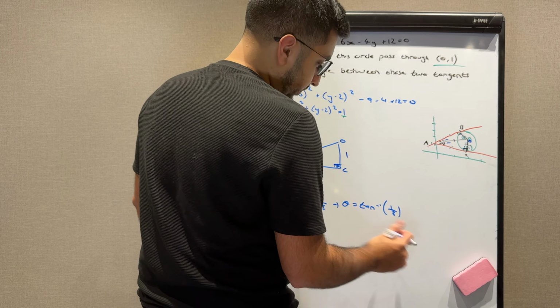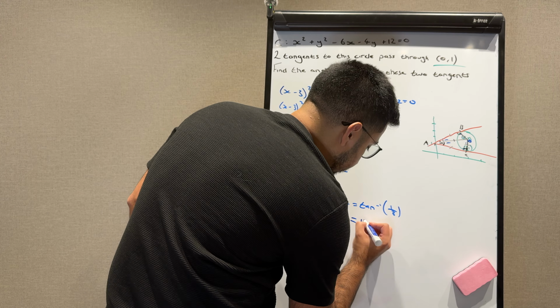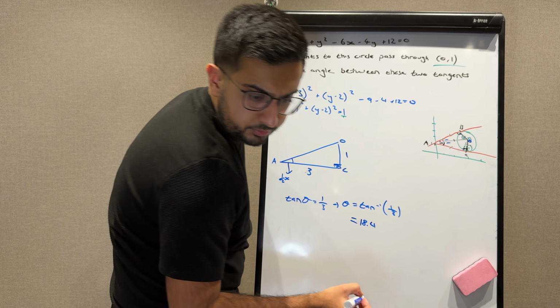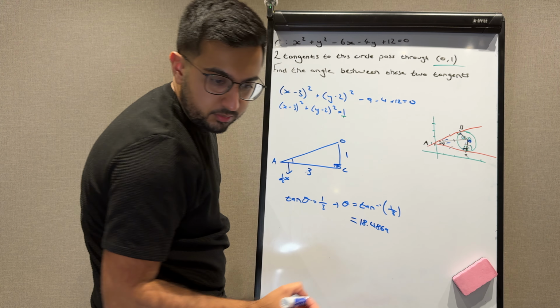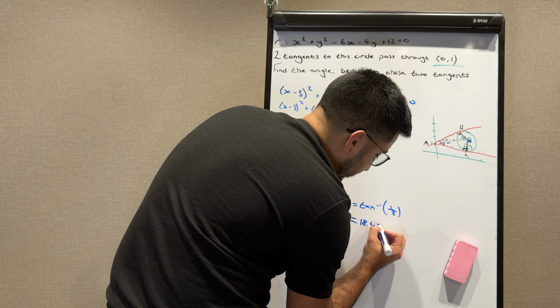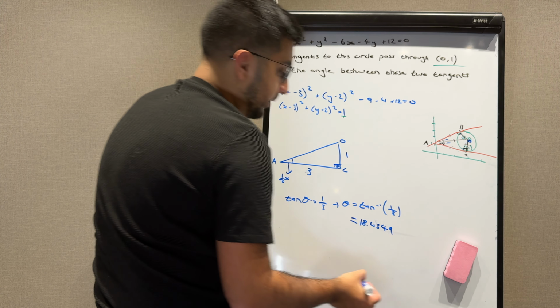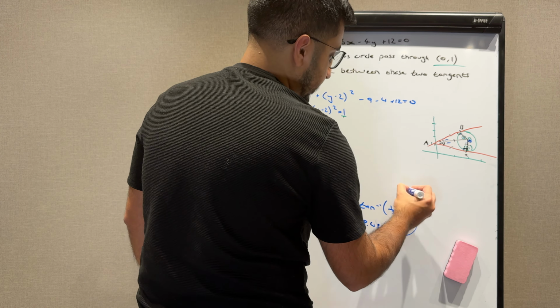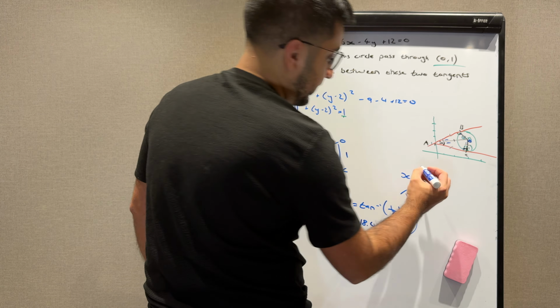Put this on a calculator and it gives you 18.4349. And if that's half x, then x is equal to 2 times that, which gives you 36.9 to 3 significant figures.